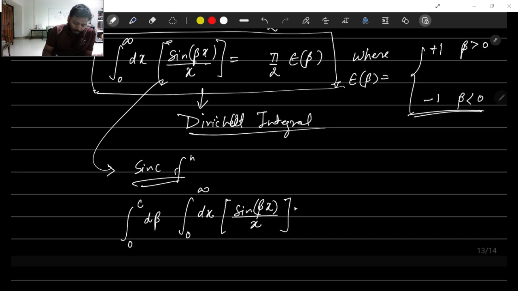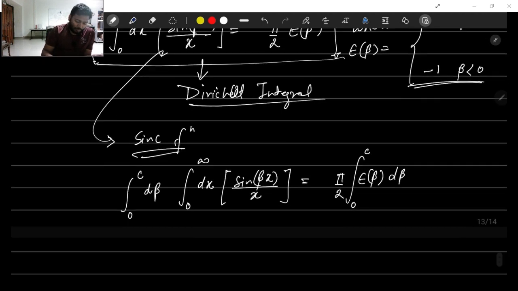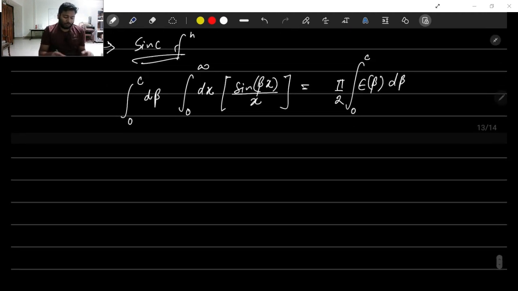So we want to integrate this, pi by 2 epsilon of beta d beta from 0 to some constant c. Okay. So here, when you are doing the integration with respect to beta, you have to treat x as a constant and you need to change the order of this integration.